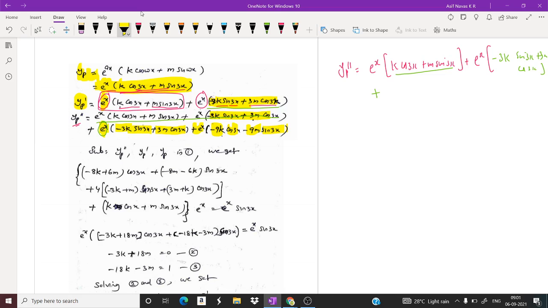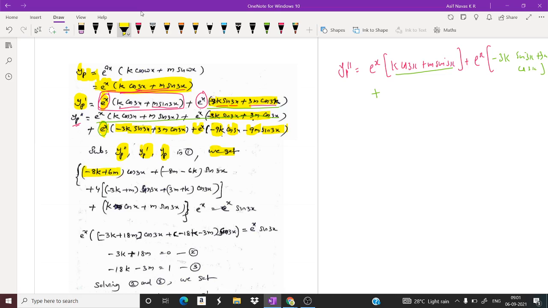Now we will substitute yp double dash, yp dash and yp in the equation, and I am not going to do all this.